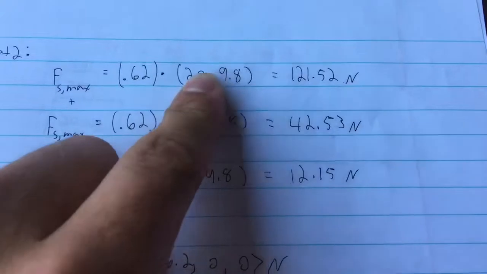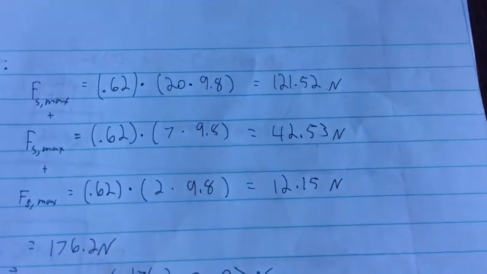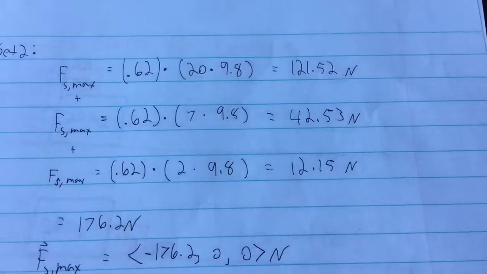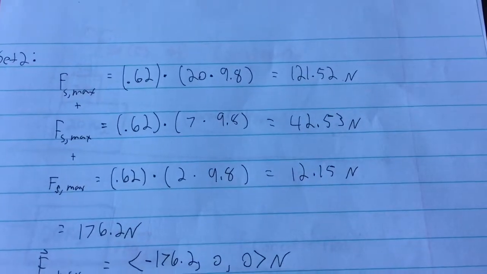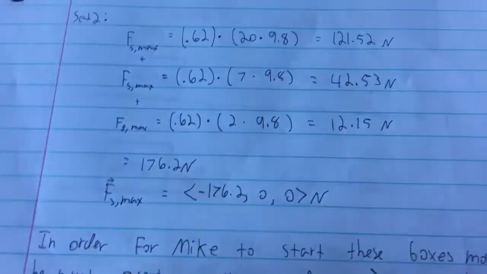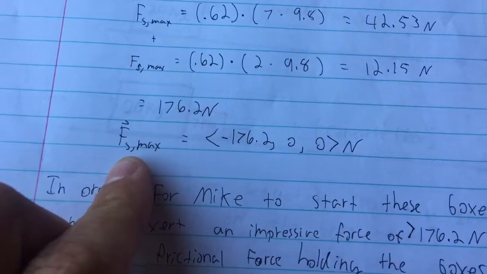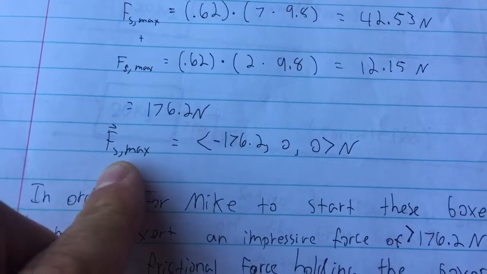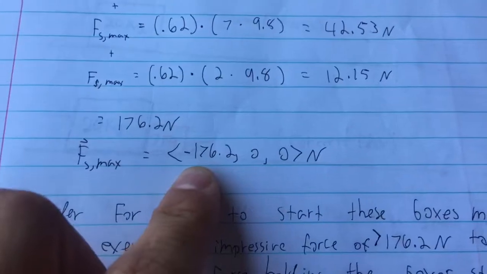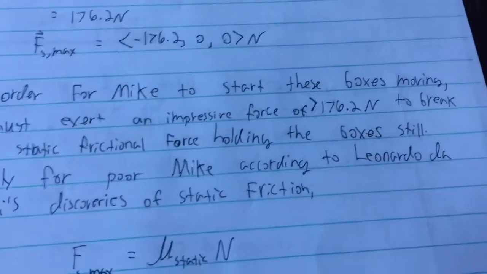Then we have our masses, which vary, and we come out with these 3 different forces for the maximum force of static friction fighting against Mike. We sum all of these forces together, and we come up with the same value for the maximum force of static friction fighting against Mike of negative 176.200 vector newtons.